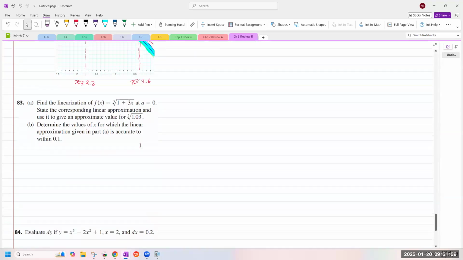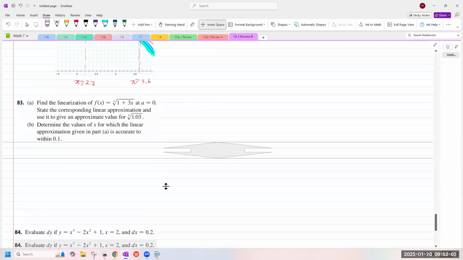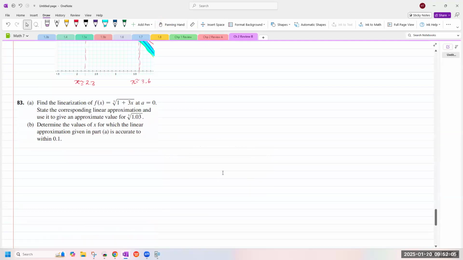Number 83. Find the linearization of that at x equals 0. State the corresponding linear approximation and use it to estimate the value of 1.03. Okay, let's try. f(x) equals the cube root of 1 plus 3x, which is (1 plus 3x) to the power of 1/3.